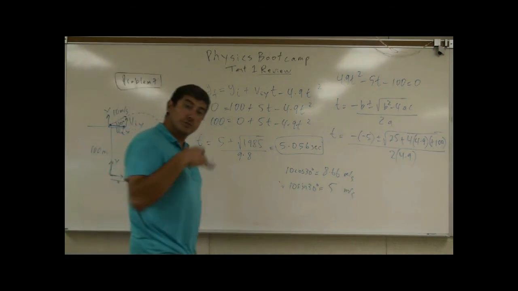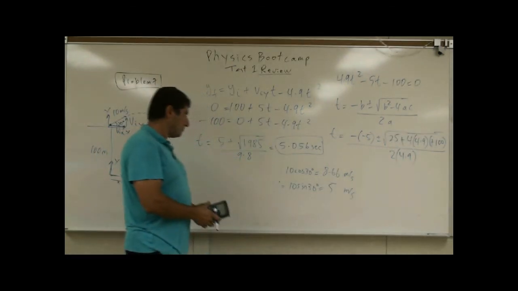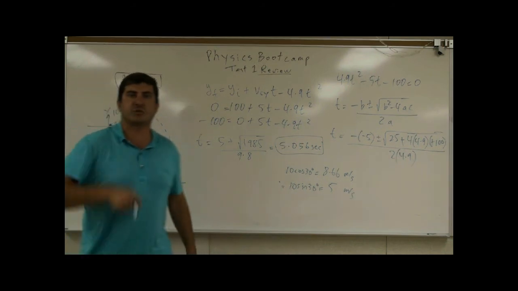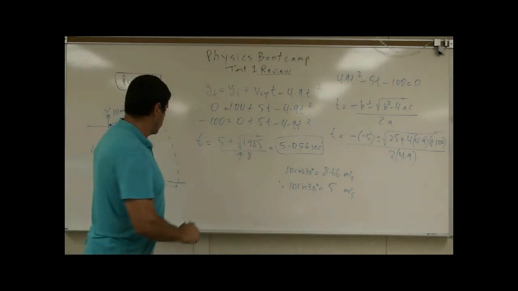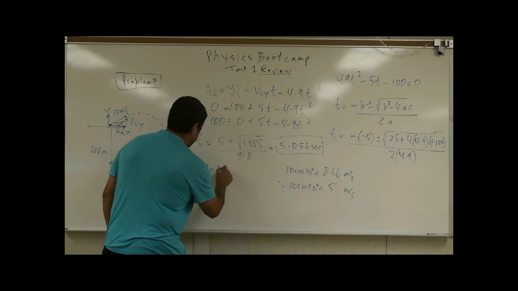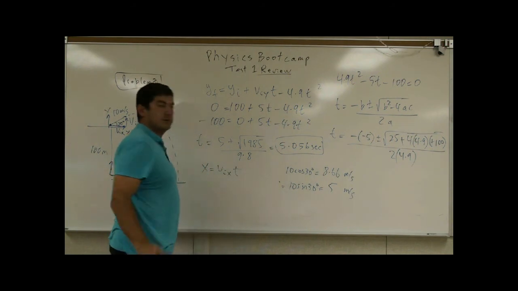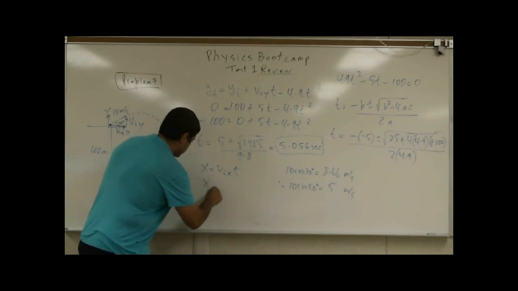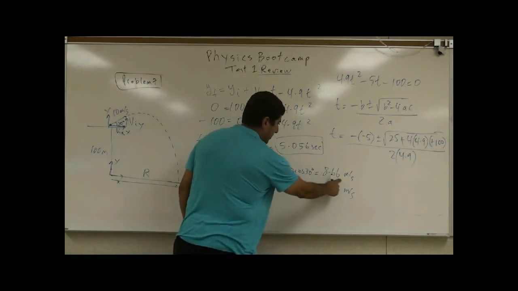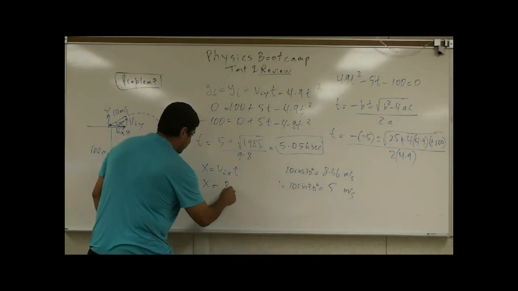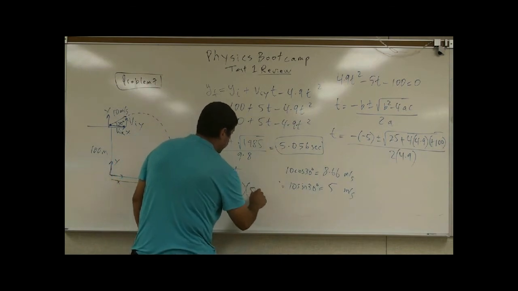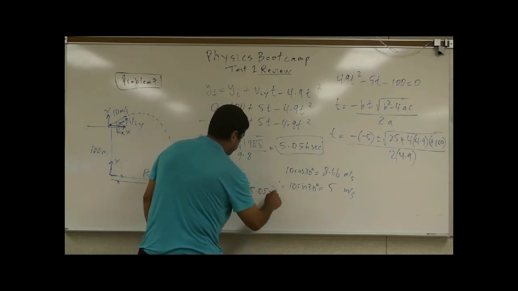Now we analyze that. What's the horizontal distance that the rock goes during that time? Now I can analyze what's happening in the x direction. We know x is equal to v initial x times t. Gravity does not act along the x direction, right? So v initial x, we calculated it earlier, 8.66, times the time we already have, 5.056.